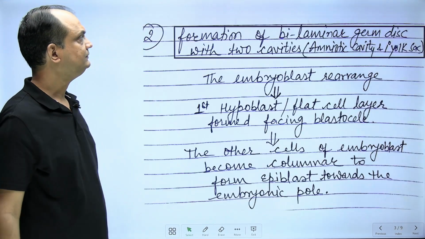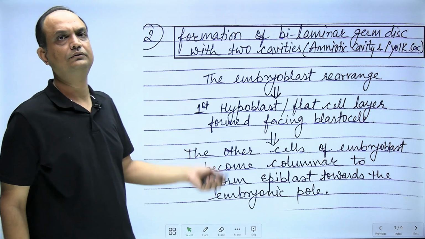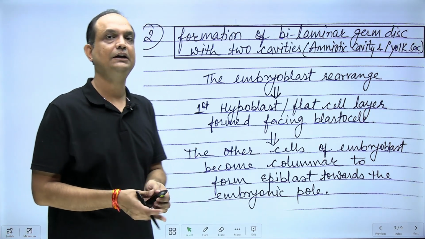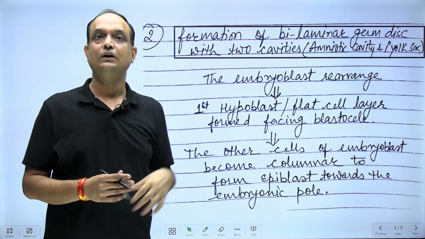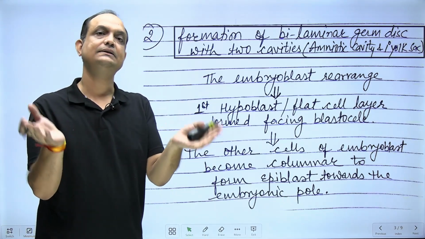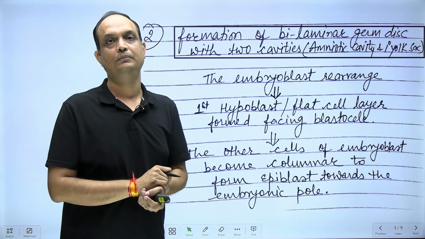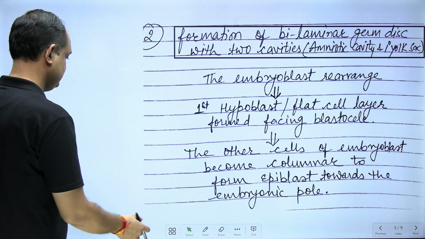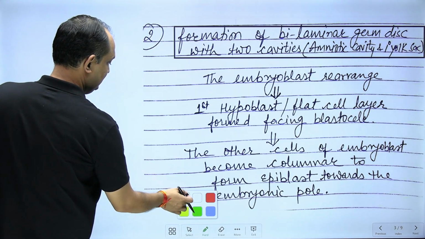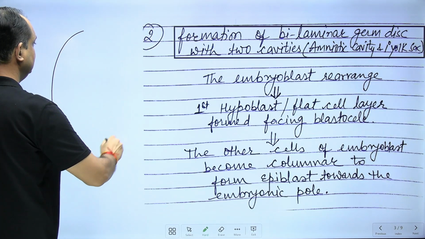Clear? Now another change which will take place here is the formation of bilaminar germ disc. Now these are the changes which are taking place inside the developing blastocyst, and you know that in the developing blastocyst you have a group of inner cell mass.